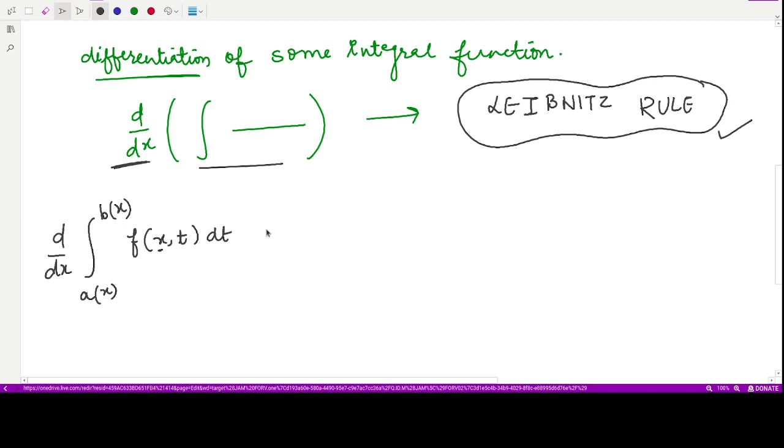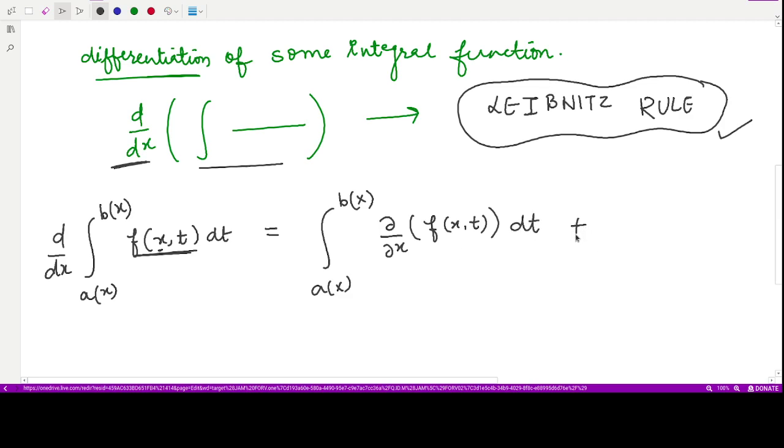In that case this is calculated by performing the integration with the same limits. But now the derivative would move inside, so it would be del by del x of this same function f of x, t. That means we take the partial derivative with respect to the same variable x, dt. This is the first quantity.